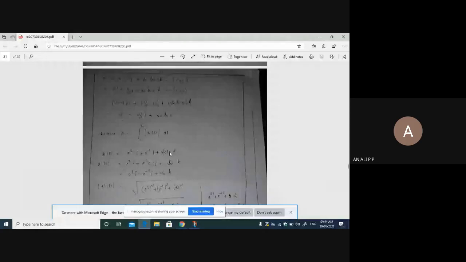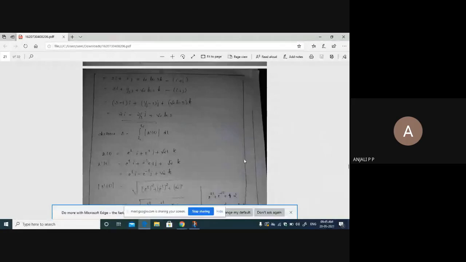The derivative of e raised to t is e raised to t itself, i, plus the derivative of e raised to minus t, which is e raised to minus t into minus 1, since the coefficient of t is minus 1, j, plus root 2 t. Root 2 is constant, so the derivative of t is 1, that is root 2 k. So r dash of t is e raised to t i minus e raised to minus t j plus root 2 k.